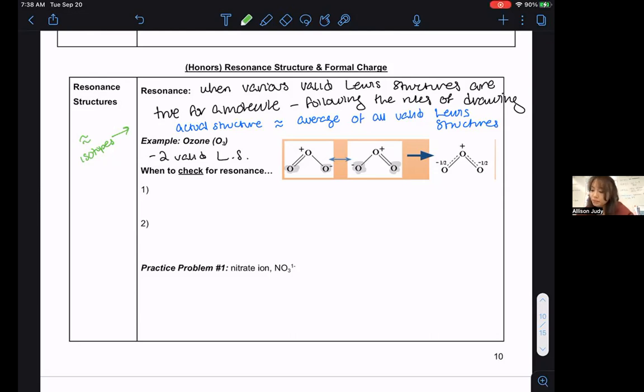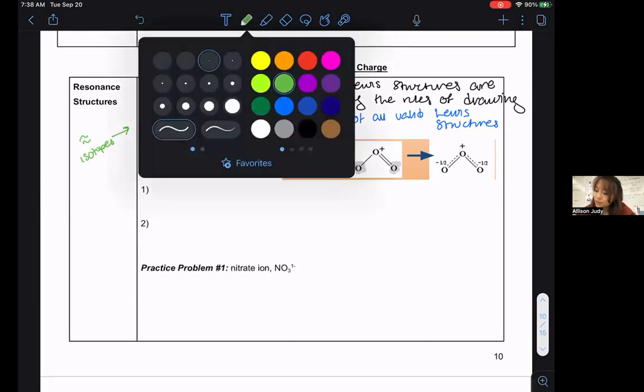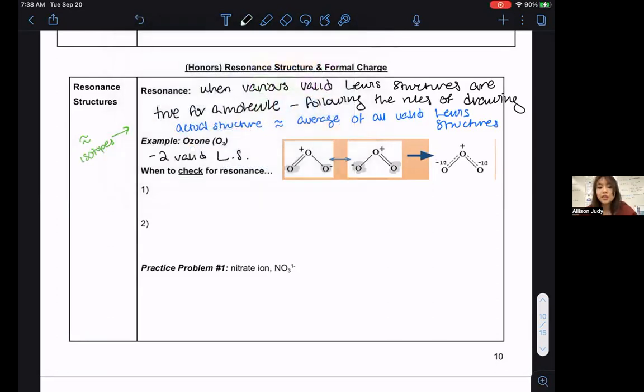So when do you check for resonance? When do you start looking at, hey, maybe there are multiple Lewis structures that could apply to this, and that I need to take into account when I'm determining the most likely structure? First is when you have the same terminal atoms that can double or triple bond.